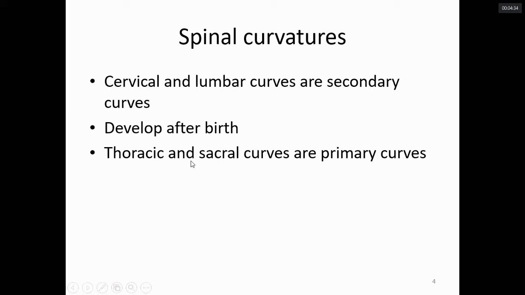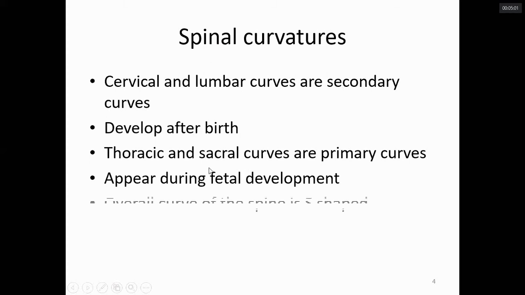Okay, and the thoracic and sacral curves are primary curves that form during the developmental period, whereas the cervical and lumbar curves are secondary curves, which form after the birth of the child. So thoracic and sacral curvature is formed in the intrauterine period, whereas the cervical and lumbar curves are formed after the birth of the baby.